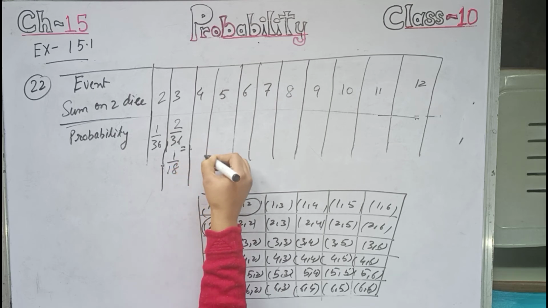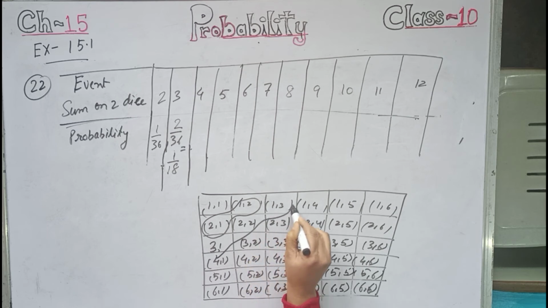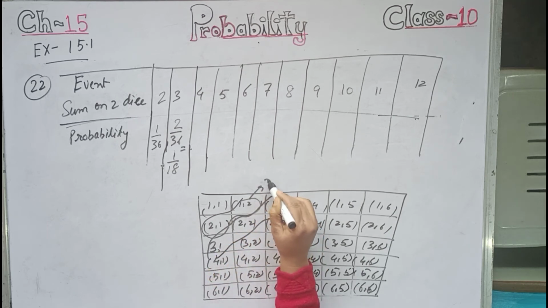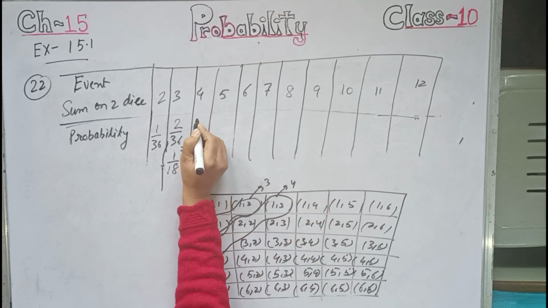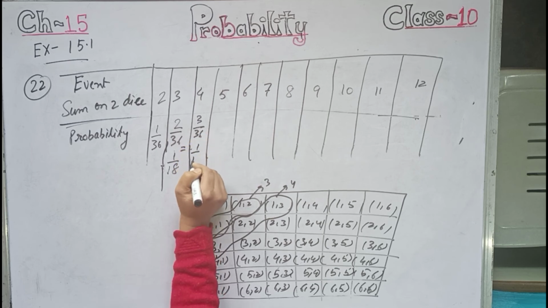Sum as 4 will be 1 3, 2 2 and 3 1. This one was sum as 3, this is sum as 4. So 3 options are there. So 3 by 36 equals 1 by 12.